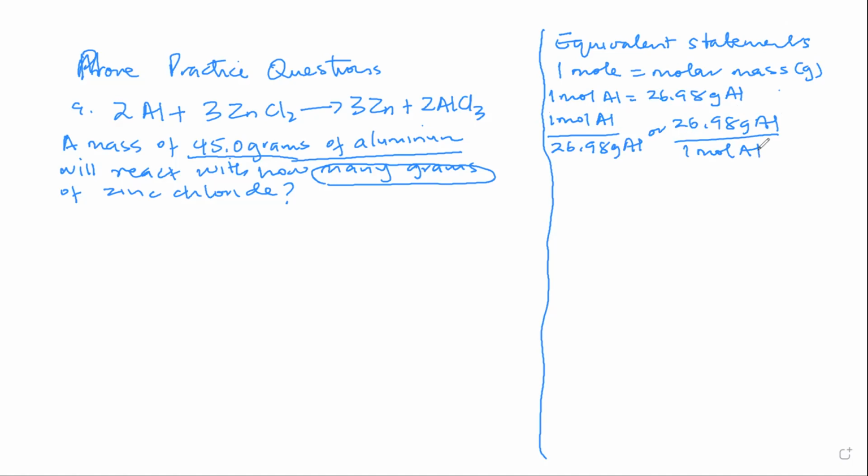Now if we get it to moles, we have to go from moles of aluminum to moles of zinc chloride. So we use the mole ratio to do that.